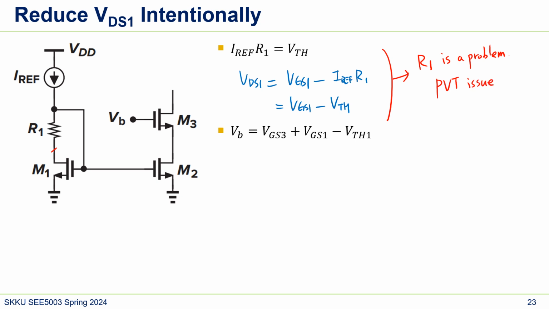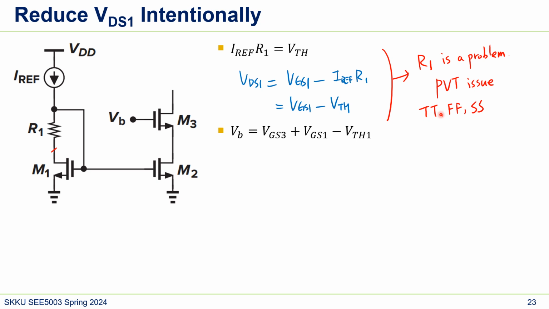So for example, the resistor. P was process variation. Process variation means TT or FF or SS. Basically these represent NMOS and PMOS, but the resistor also has corners.